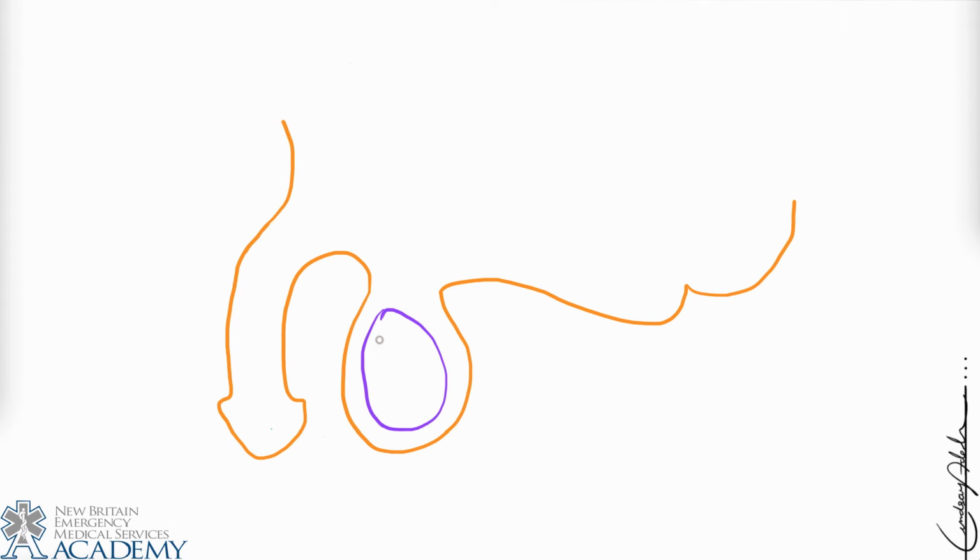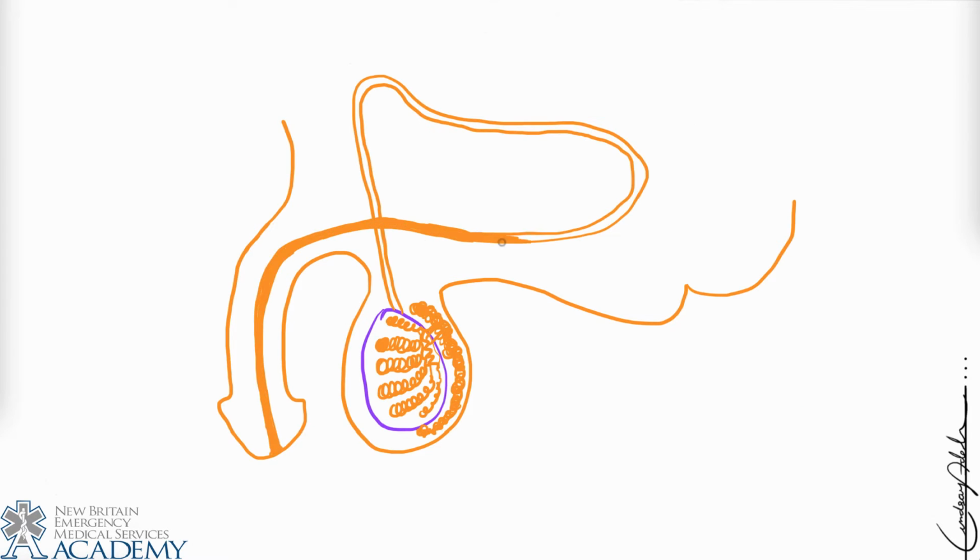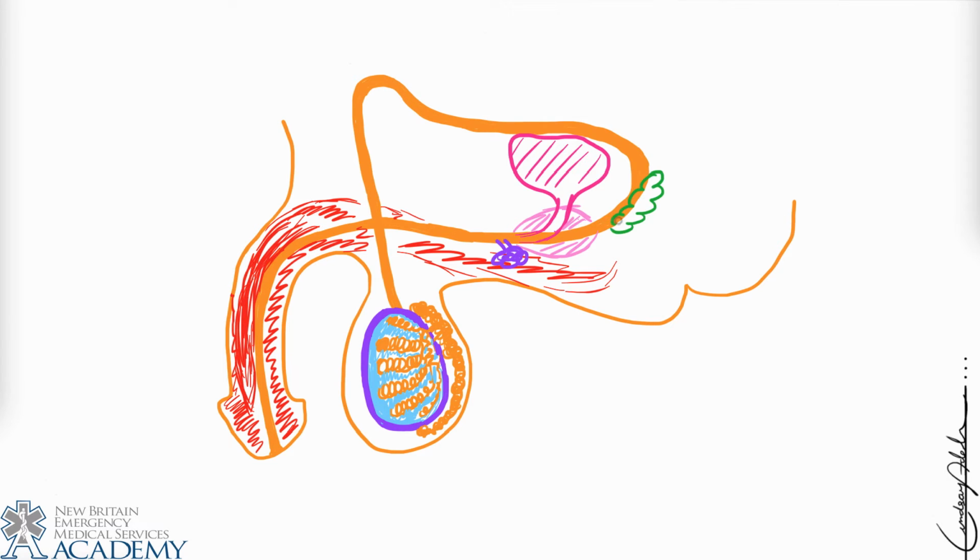So now let's take a look at the male reproductive anatomy just so that we can follow the path of travel as the sperm cells exit the male body. This is a side profile slice of the male reproductive anatomy, and I just want to go through and label all the structures so that we can then talk about the actual path of travel of the sperm cells.